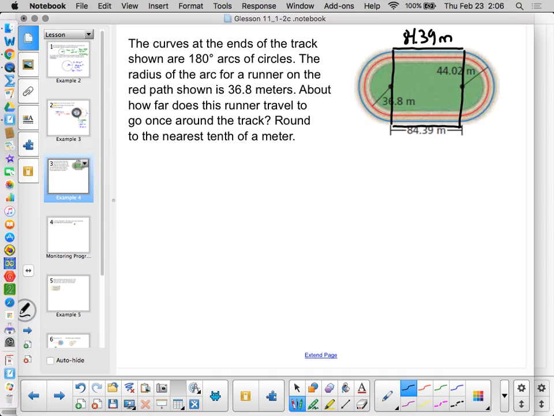I need to know what is the measure of this arc in length and what is the measure of this arc in length. They have different radii, so they're going to have different lengths. But the nice thing is each of these arcs is exactly a half circle, so I'm going to find the circumference and divide it by 2. So the circumference of the green circle is pi times the diameter. Now the radius is 36.8.